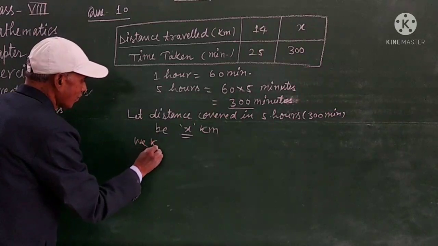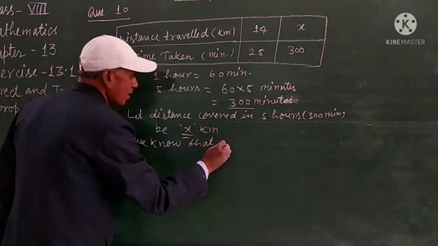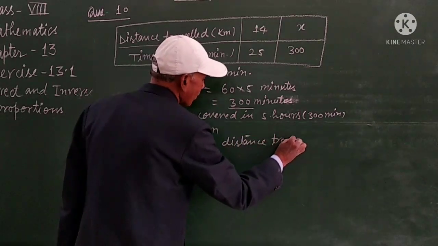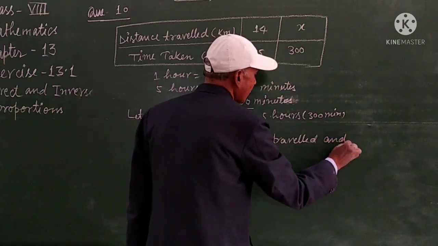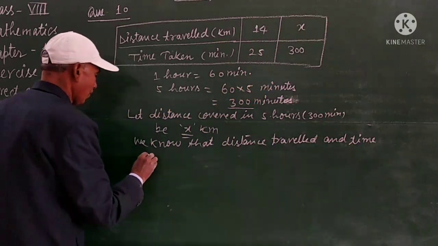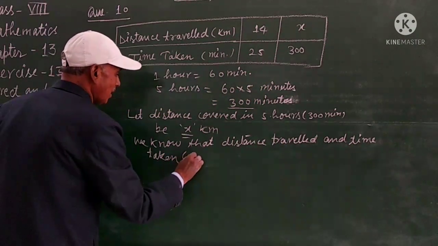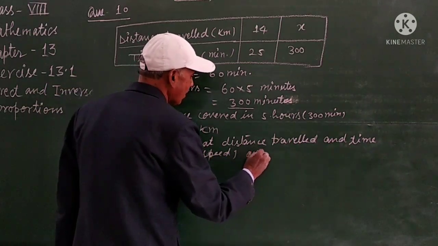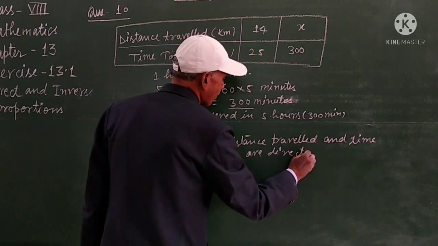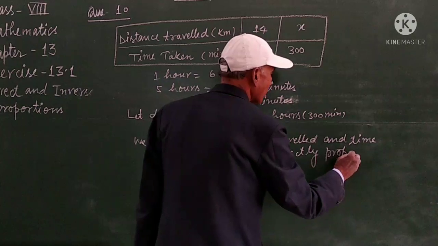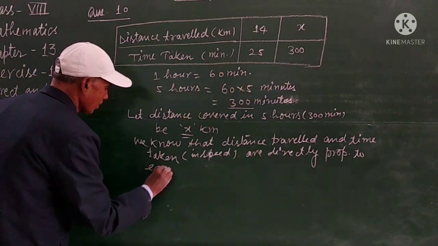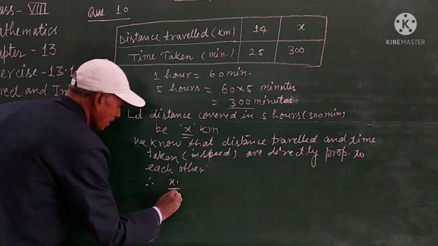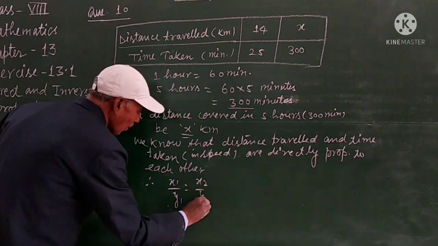We know that distance traveled and time taken, at the same speed, are directly proportional to each other. Therefore, x1 upon y1 is equal to x2 upon y2.